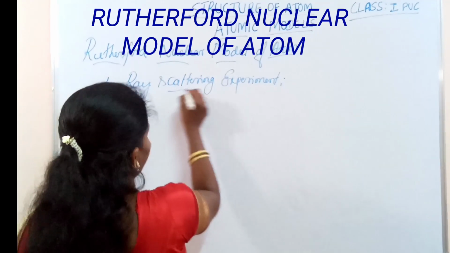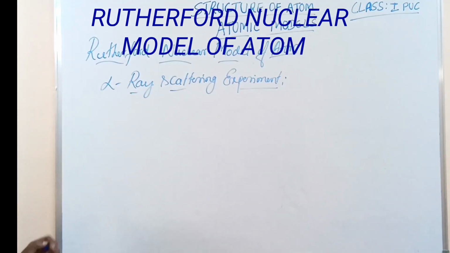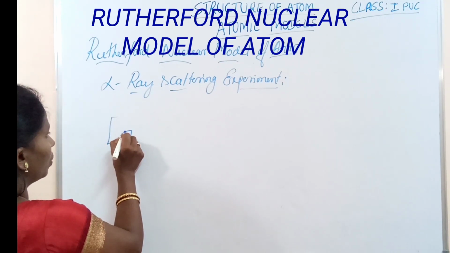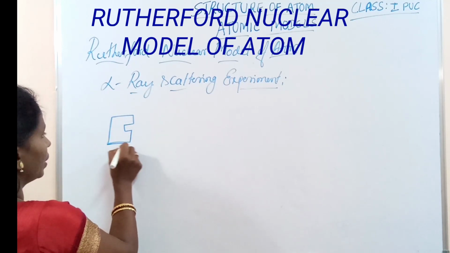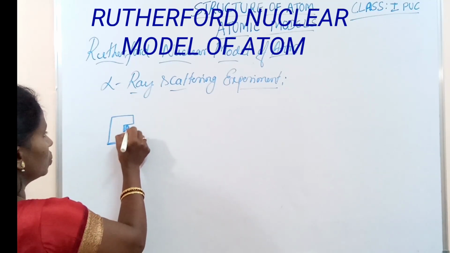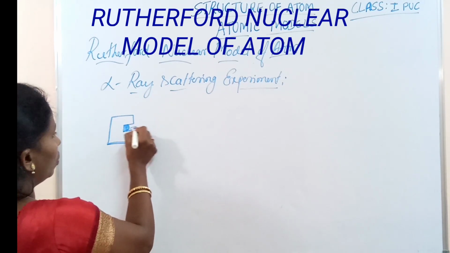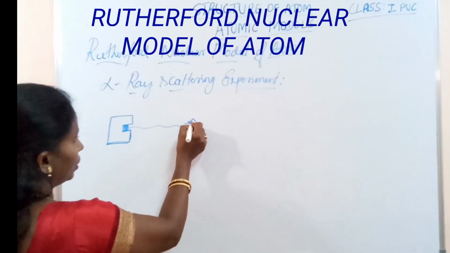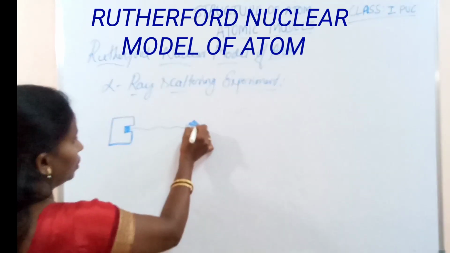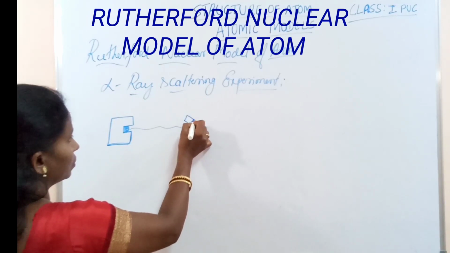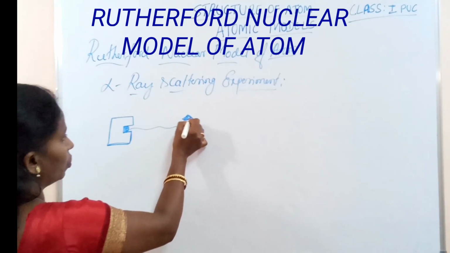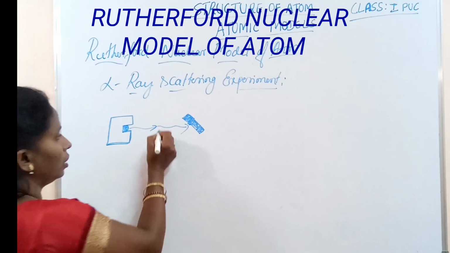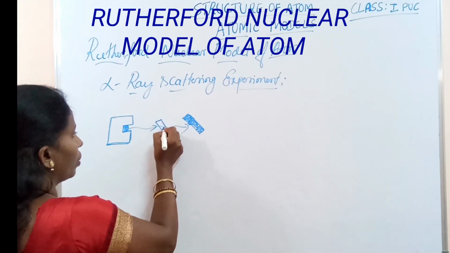In his alpha ray scattering experiment, Rutherford took alpha rays from a radioactive source, and he allowed the alpha rays to fall on a very thin gold foil.